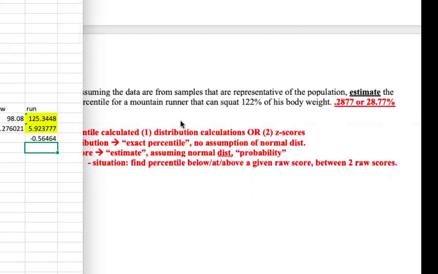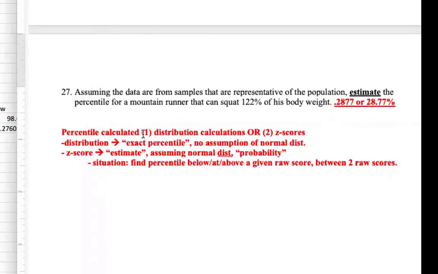And then finding how many mountain runners we have total and dividing our cumulative frequency by our number of mountain runners could also give us a percentile, but that would be the exact percentile instead of an estimated percentile. So wording is important, but hopefully that makes sense.